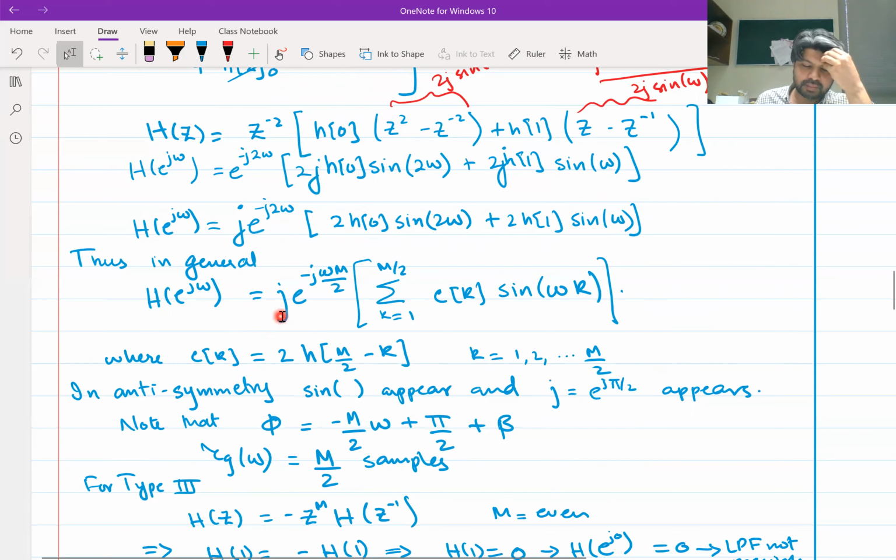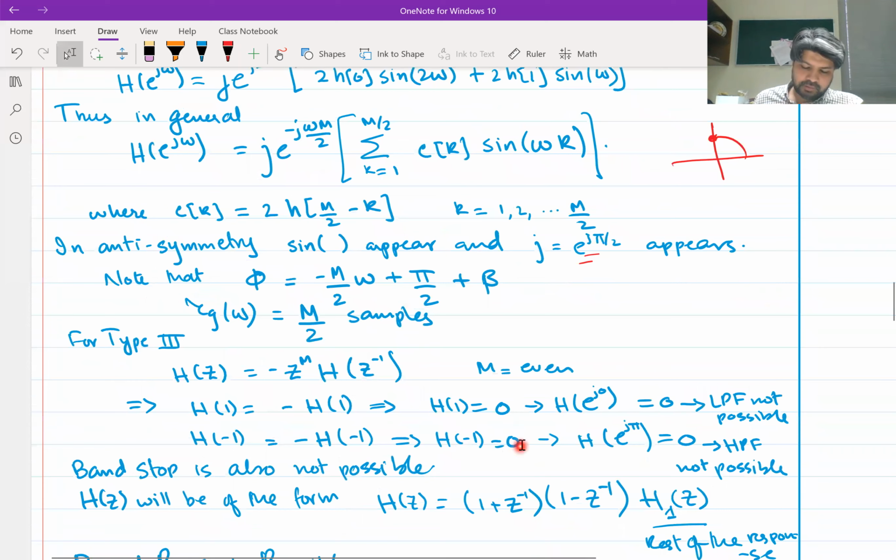Because j is being multiplied. j you know is e to the power j pi by 2. ठीक है ना? j किधर है आपके कॉम्प्लेक्स प्लेन में? ओमेगा पाई बाय 2 के ऊपर है ना, 1 पाई बाय 2 पे. ठीक है? अच्छा, प्लस बीटा दिस इज अगेन आपका एच जो आपका सूडो मैग्नीट्यूड है, इट कैन बी नेगेटिव, तो ये बीटा वुड टेक केयर ऑफ दैट. ठीक है? So your group delay would be capital M by 2 samples.